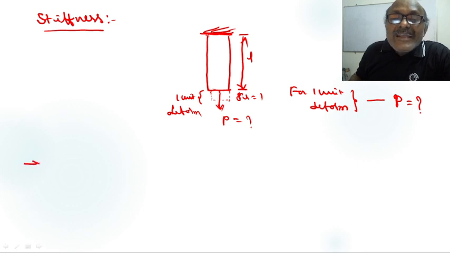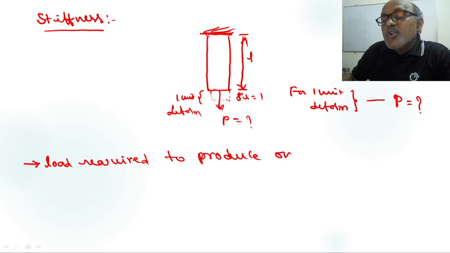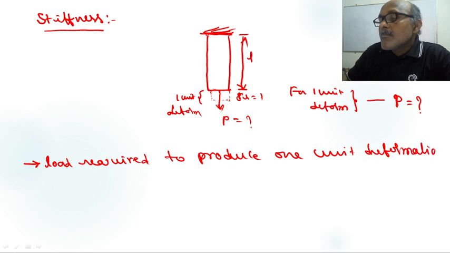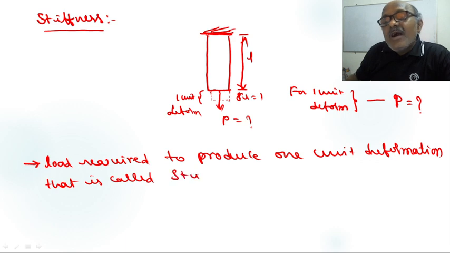So the load required to produce 1 unit deformation is called stiffness.